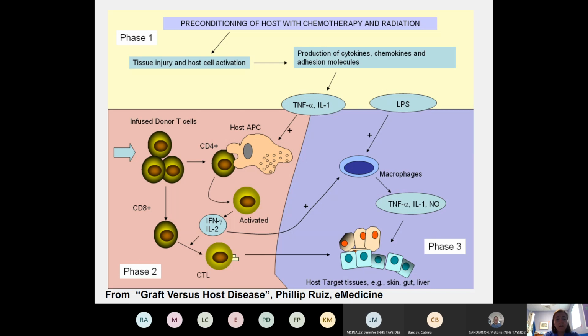And with those chemokines and cytokines and your host antigen presenting cells presenting a bit of damaged gut, for example, that will attract the attention of our infused donor T cells. Those helpful CD4 positive cells will then become activated.